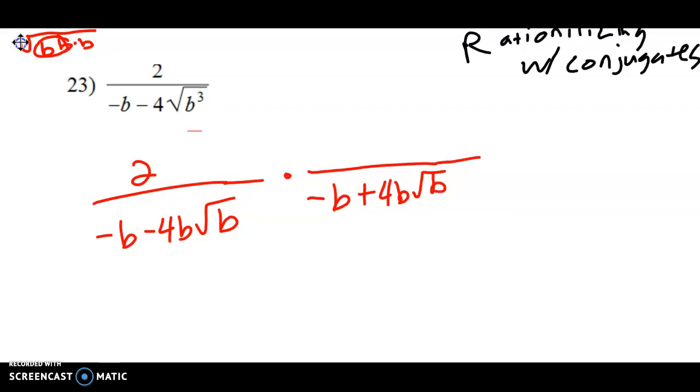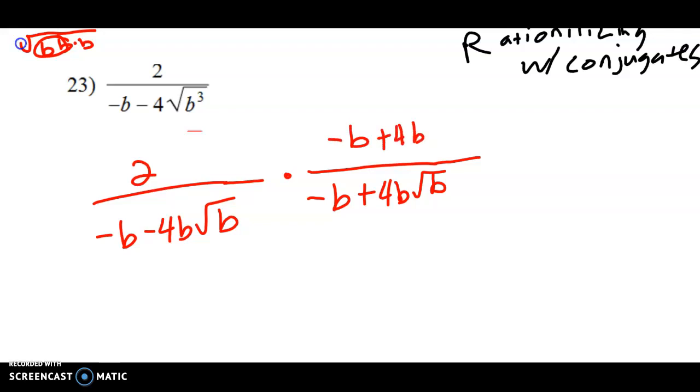See, what's going to happen is when I multiply, this negative and this positive are going to end up canceling out the middle. So I can just square the first term and the last term in the denominator. But remember, if I multiply the denominator here by negative b plus 4b root b, I have to do it to the numerator.